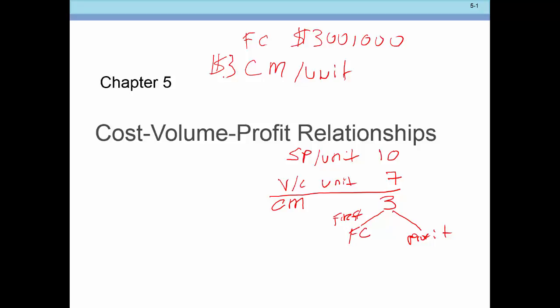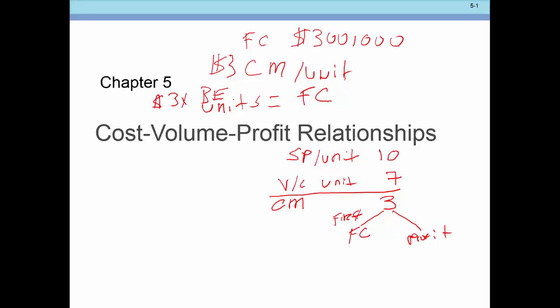The way we will set that up is we'll take the contribution margin per unit, which is $3, and multiply that times the break-even units. That has to equal what? Fixed cost, in order for me to have a zero profit, for me to break even.